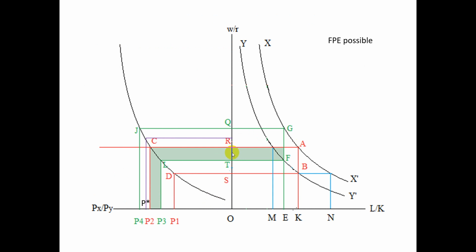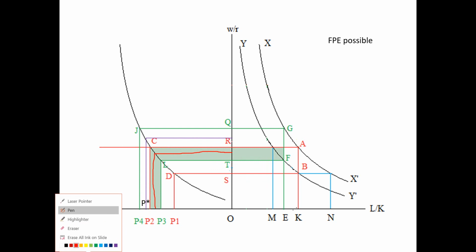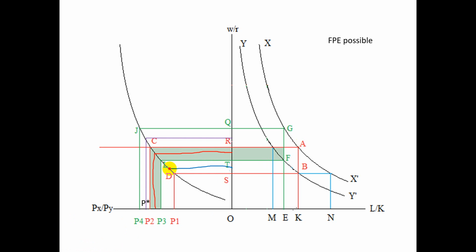Then we can read the commodity price ratio also. If it is somewhere here, we can read the commodity price ratio to be somewhere here. For the other country, suppose the commodity price ratio is somewhere here and the factor price ratio is somewhere here. So it's like this.